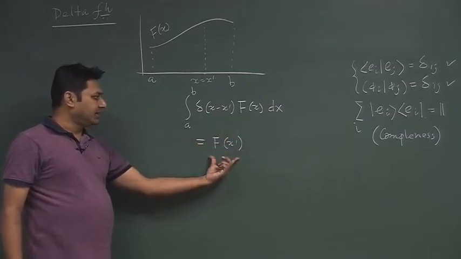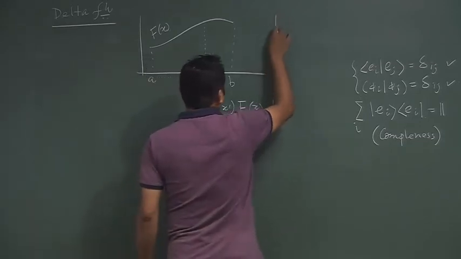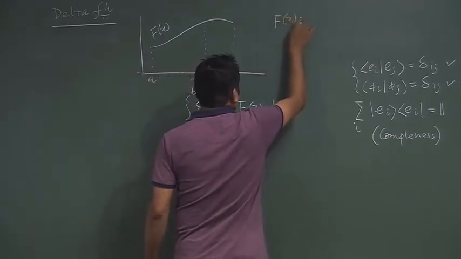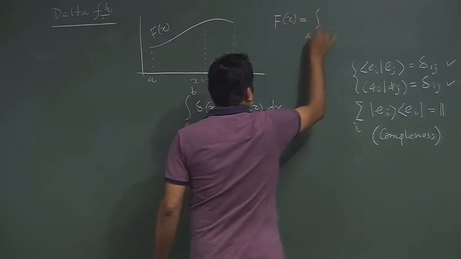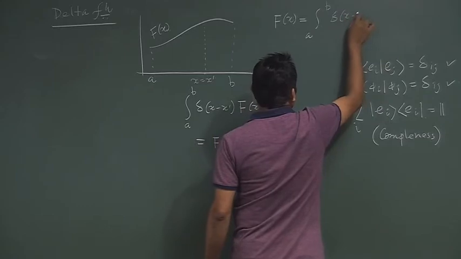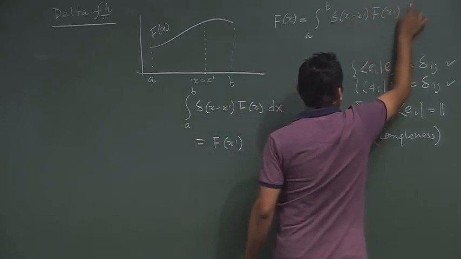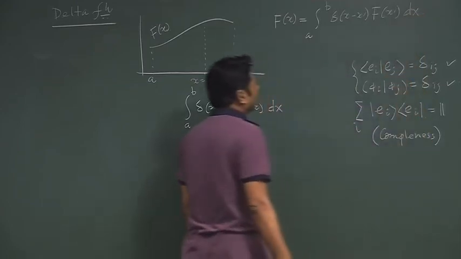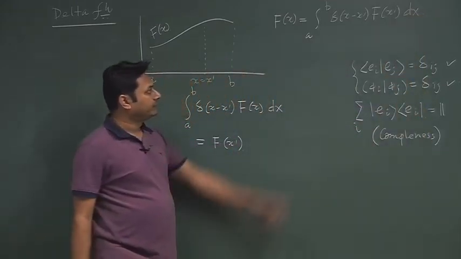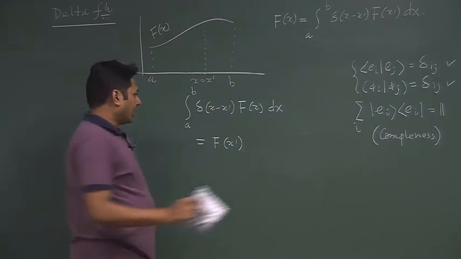With this I will get this. So I can write it in a different way, I can write my f(x) can be represented like something like this. Okay, up to this is fine.